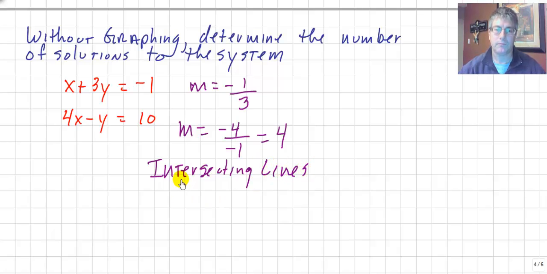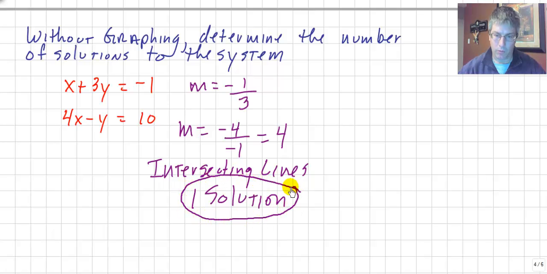And therefore, we will have one solution to our system, one ordered pair. X and Y will work and satisfy both of those equations. Not asking you to find out what it is, but just that we have one.